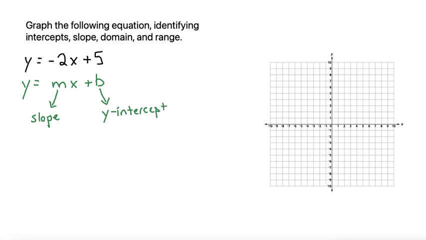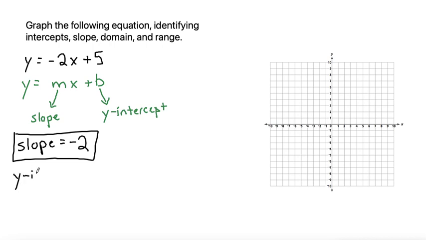So immediately, the coefficient of our x is going to be our slope, so the slope is our negative 2. That gives us one of our answers. The slope is negative 2. And our 5 is our b, which is our y-intercept. So our y-intercept is equal to 5.